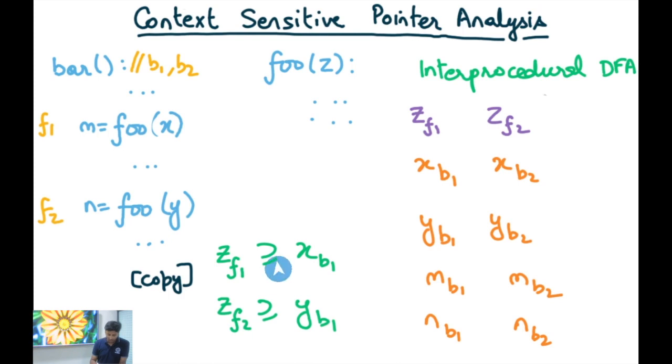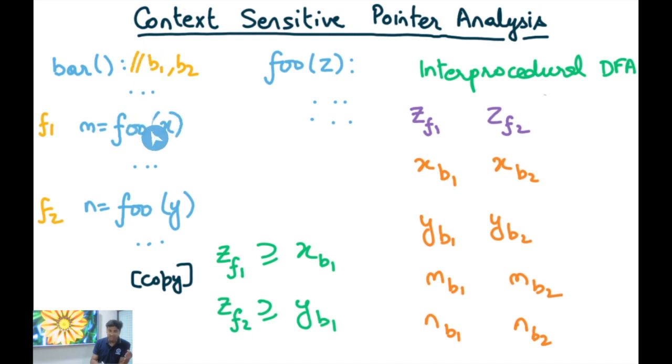And from that we can say that when we do the data flow analysis, then when we do this dispatch from this statement f1 to the function foo, whatever is the value that's being analyzed for x at that time, so let's say the points-to set of x, gets copied to whatever is the value of z in the context in which it is called, which is f1. That means zf1 is updated using xb1.